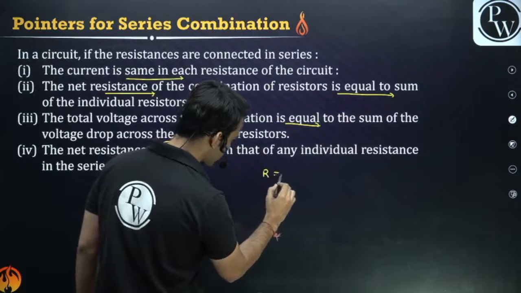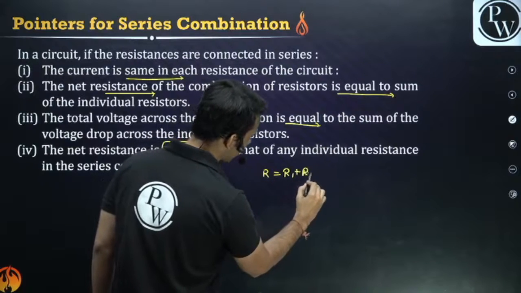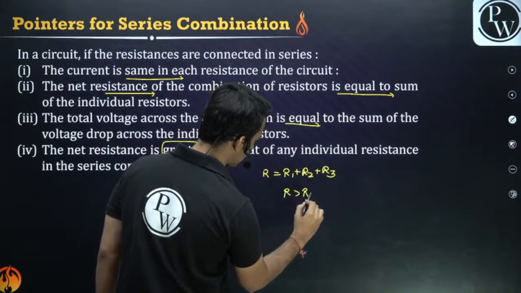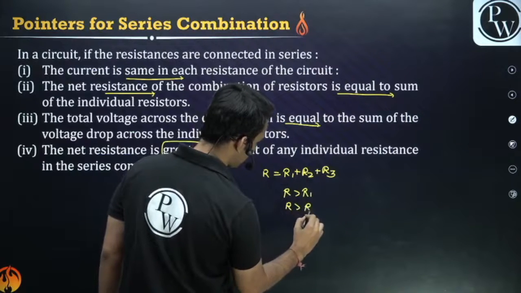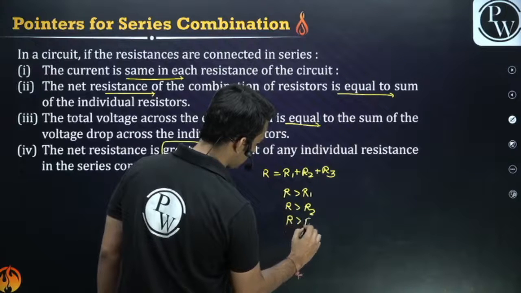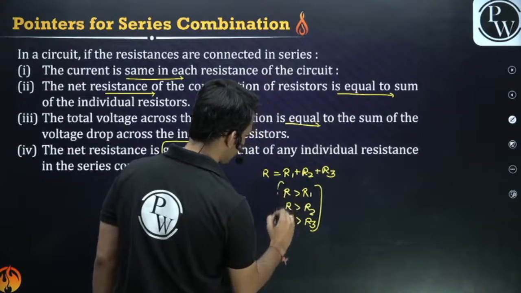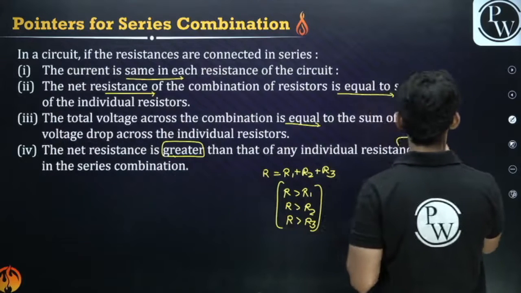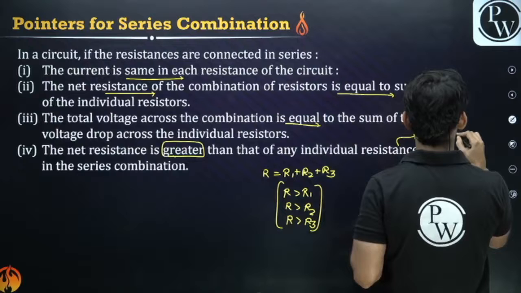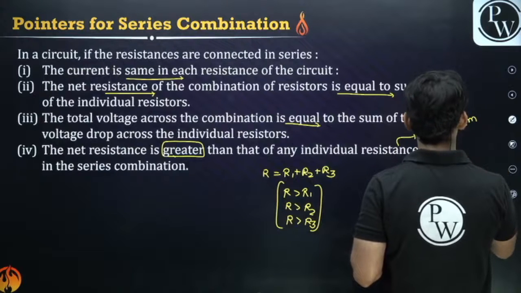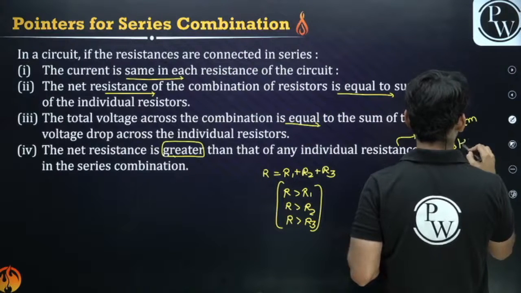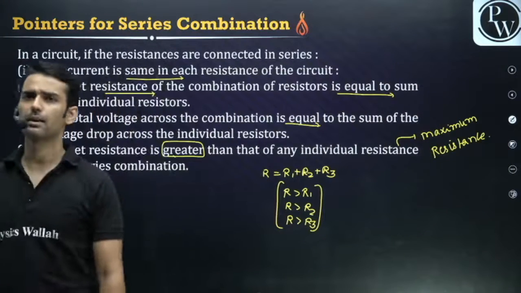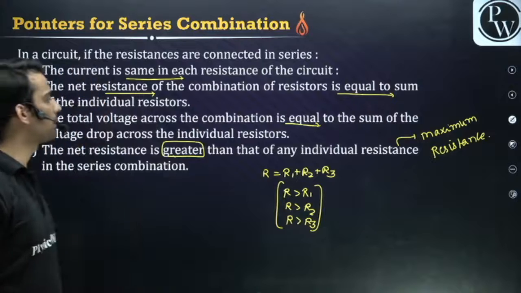That is, what was the net resistance, guys? R1 plus R2 plus R3. So R is greater than R1, R is also greater than R2, R is also greater than R3. Can you see it? So that means we have the maximum resistance in series combination.